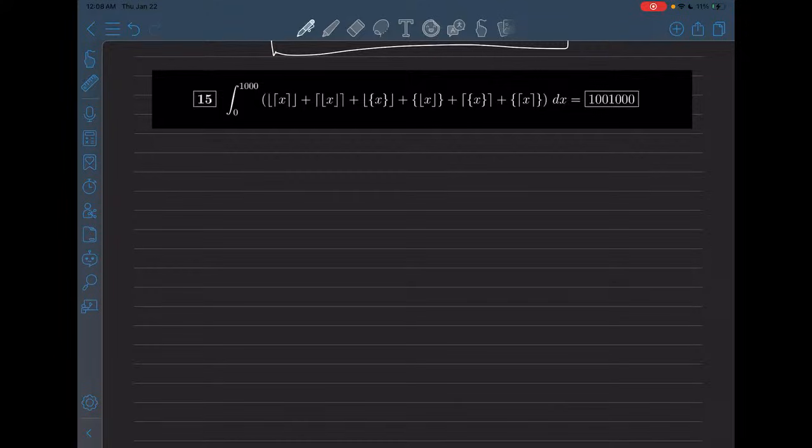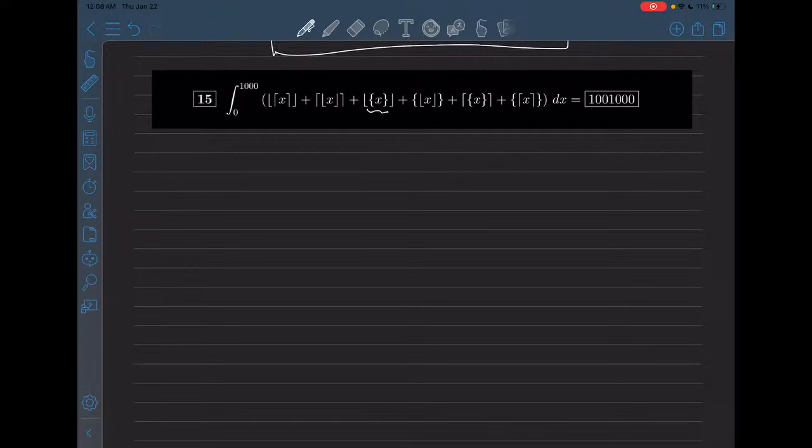The first thing I notice is that whenever you take a fractional part, this thing is... Okay, let me just tell you about the brackets.